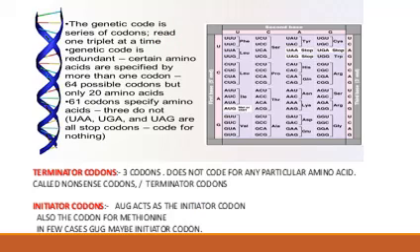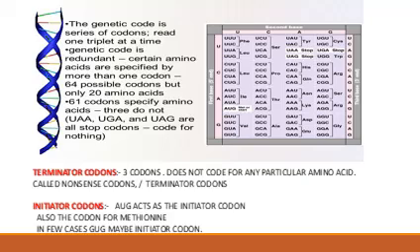So the genetic code is a series of codons, and it is read one triplet at a time. Now, certain amino acids may be specified by more than one codon. Out of the 64 possible codons, 3 are the nonsense codons or the stop codons.